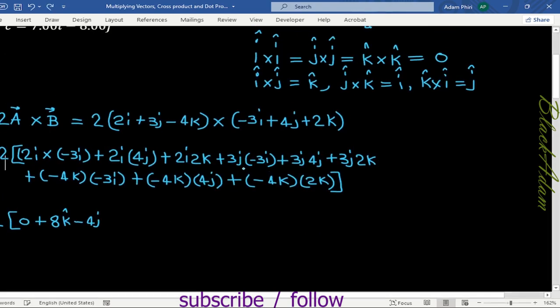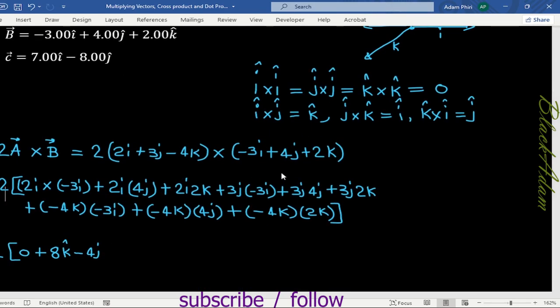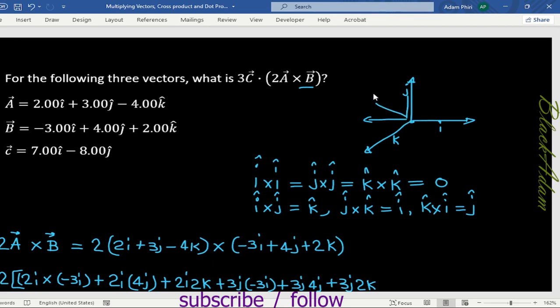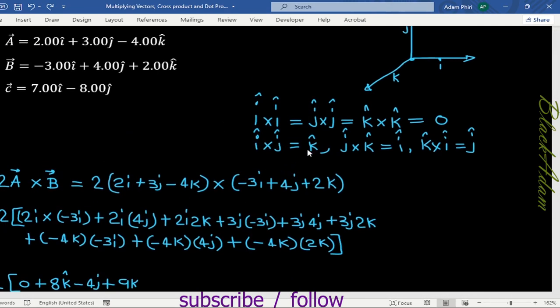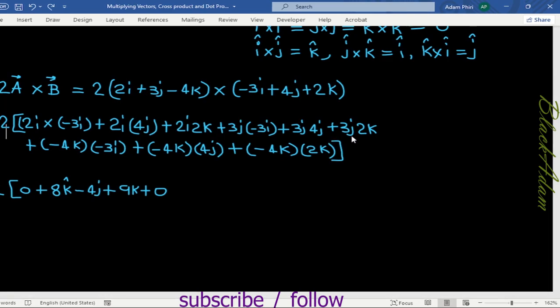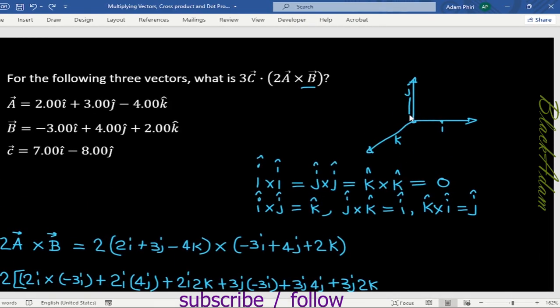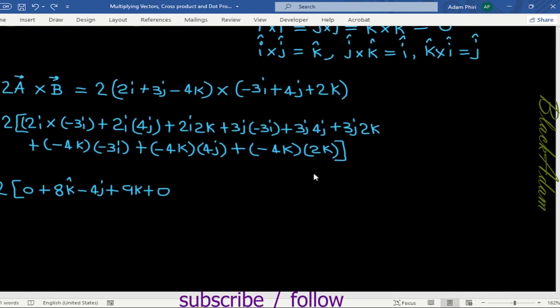And we do the same: positive 3 multiplied by j and i, positive j, negative i, and the right hand rule gives us positive. So 3 times 3 is 9, and i times j is k. Then that will be 0, and now we have j and k, so that will give us positive using the right hand rule.